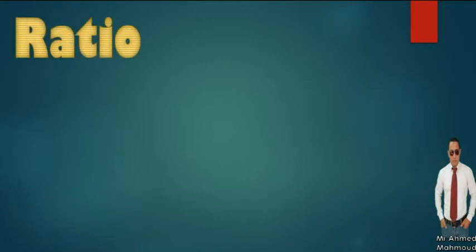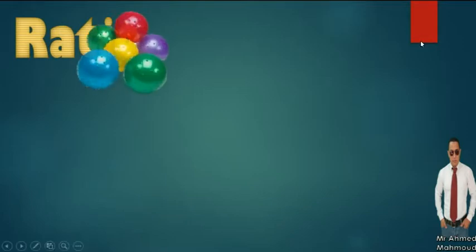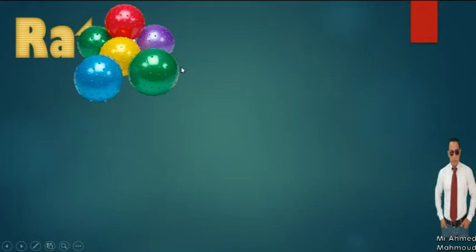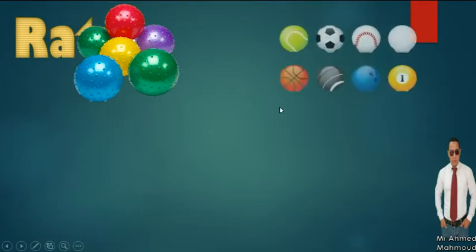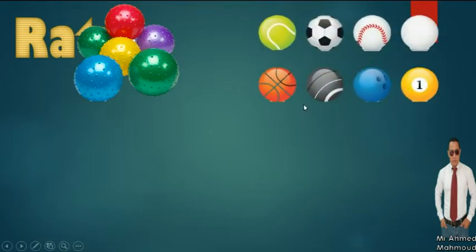First, we are going to remember the meaning of ratio. Let's say we have a group of fitness balls like this. This group is formed from 6 balls, and another group of sports balls like this, and this group is formed from 8 balls.